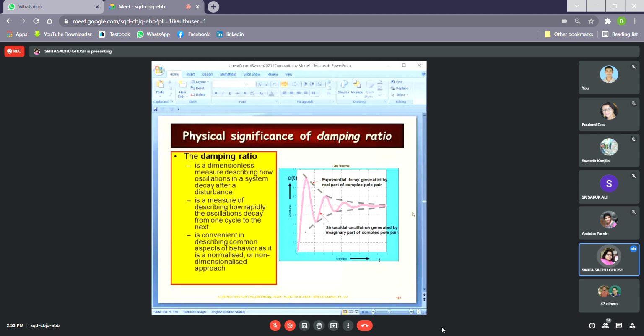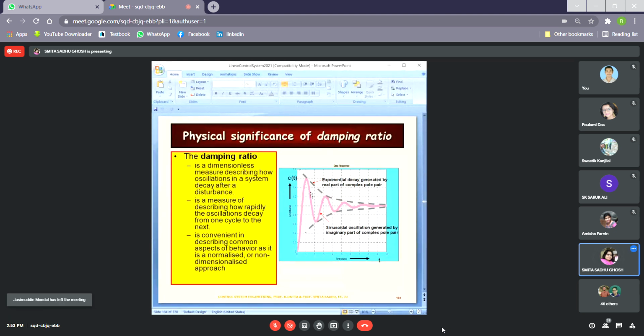So how many oscillations occur before it decays is what is indicated by the value of the damping ratio, which is independent of the time axis. The unit of the time axis is not of interest over here, right? Basically, the damping ratio is a measure describing how rapidly the oscillations decay from one cycle to the next. This is important: from one cycle to the next.